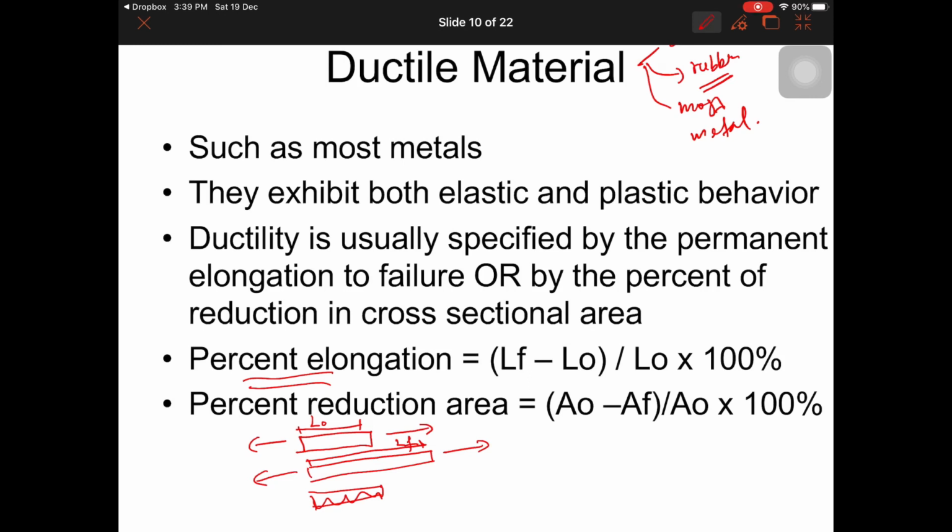When we pull, it becomes longer, but it becomes smaller. So this is your A0, and here your AF. Area is pi r squared.